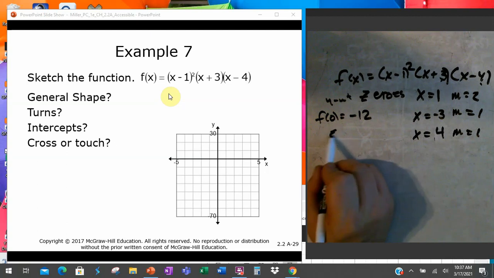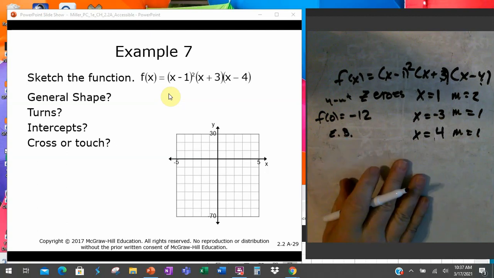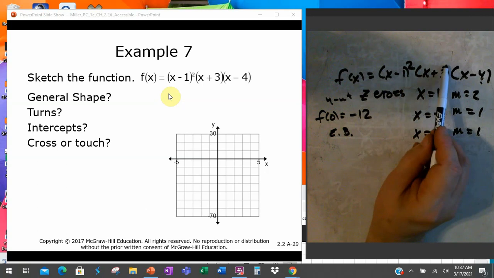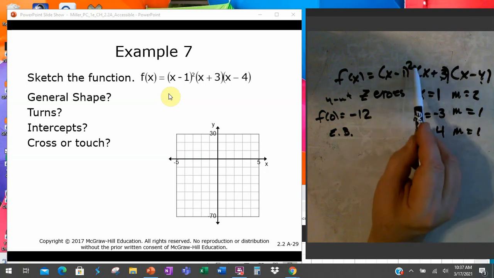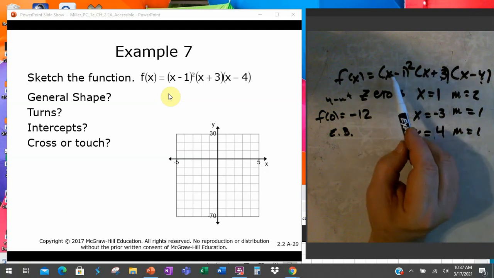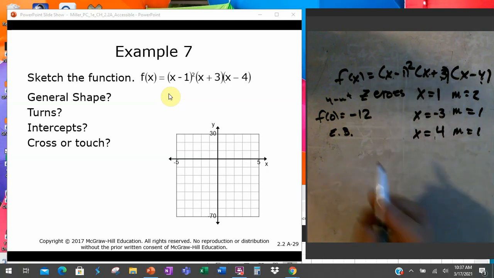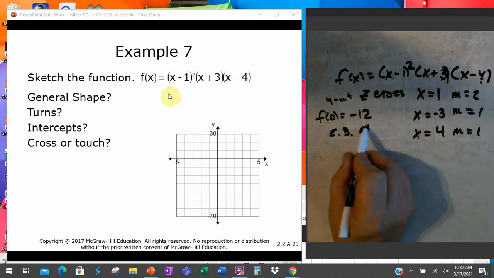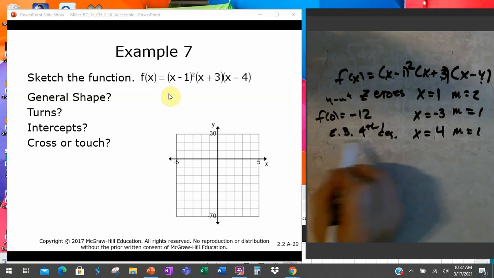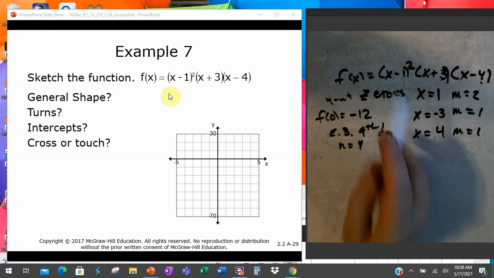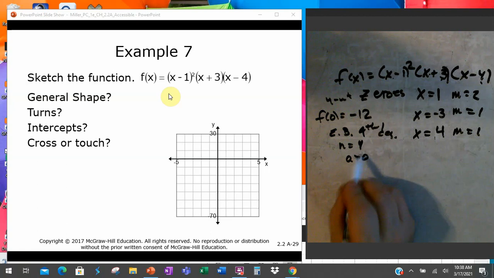End behavior: this is a second, third, fourth degree polynomial. Second, x squared times x cubed times x is x to the fourth. So it's a fourth degree polynomial, n is equal to 4, even, positive coefficient, a greater than 0.